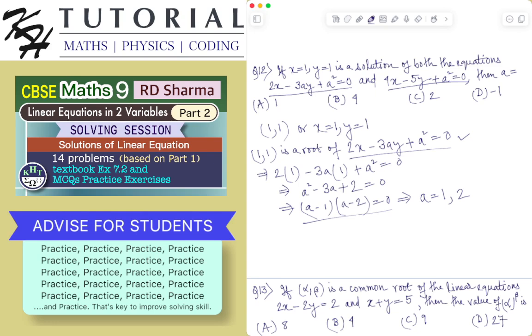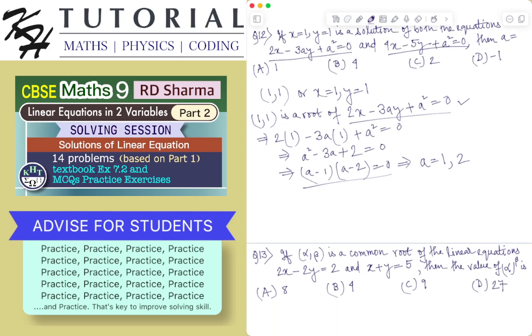Now remember that in the question we are asked to find the value of a so that the ordered pair 1 comma 1 will be a root to both the equations. So a single value of a will make the ordered pair 1 comma 1 a root of both the equations.